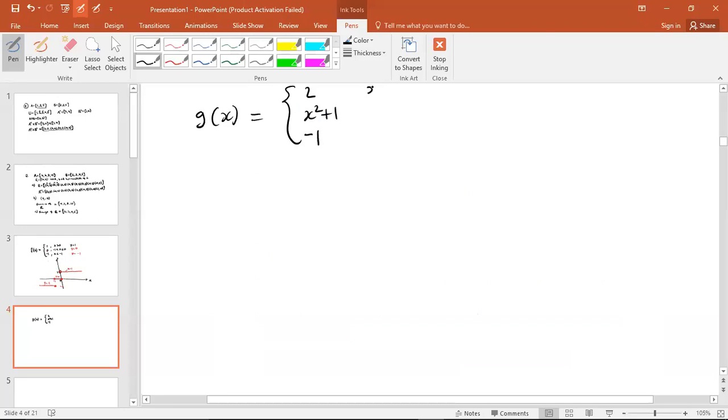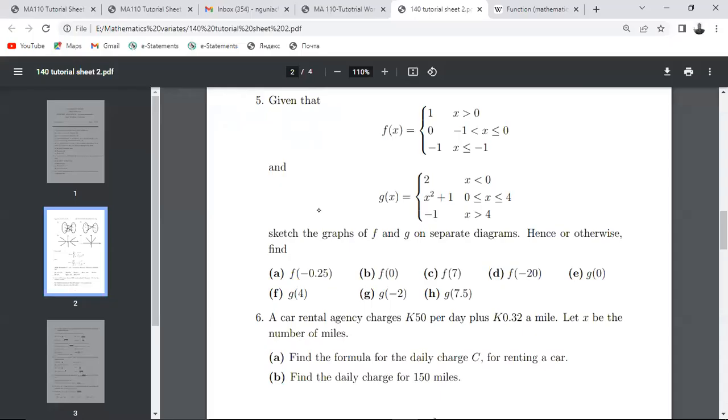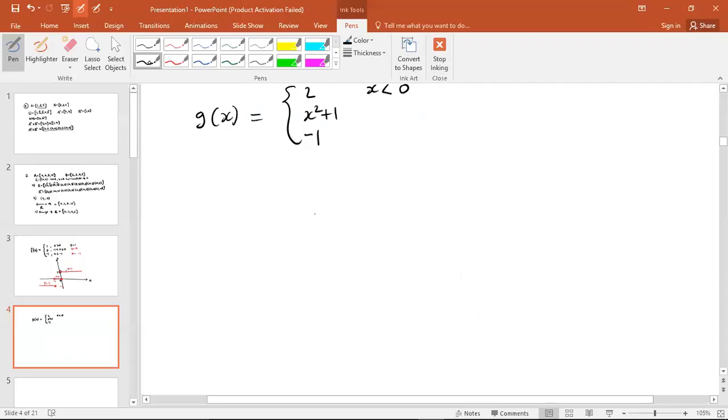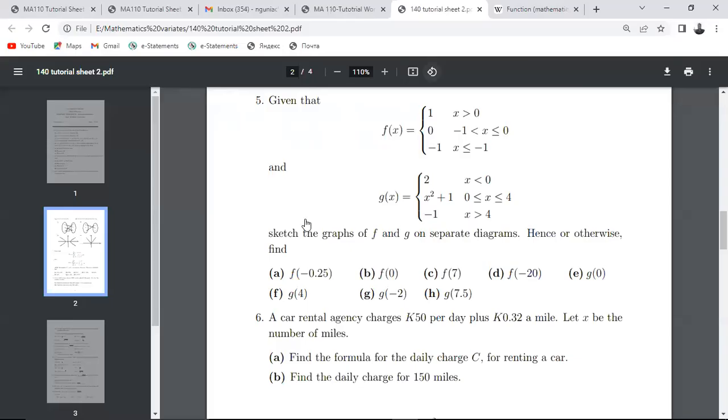We've been given this is for x less than 0. Then the next one, x is between 0 and 4, with x less than or equal to 0 and 4. Then x is greater than 4. So that's what we have.